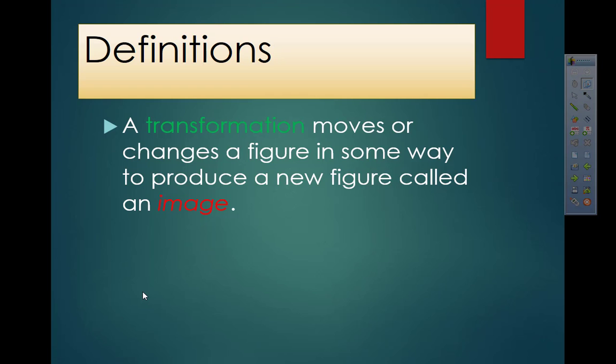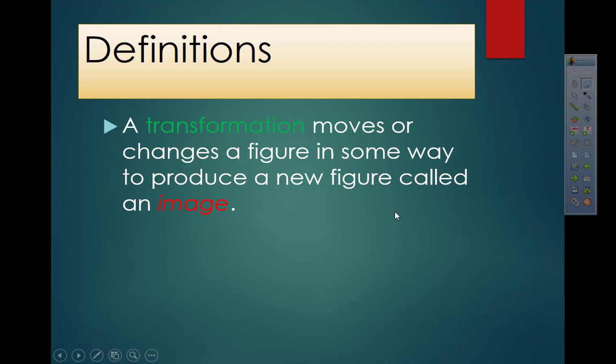I've written this in red ink on purpose because our textbook uses red to denote the image, and it will use blue to denote the pre-image. So you can always tell which one's first, which one's last. Blue will be first, and then red.